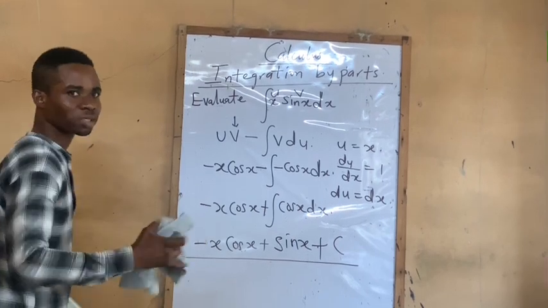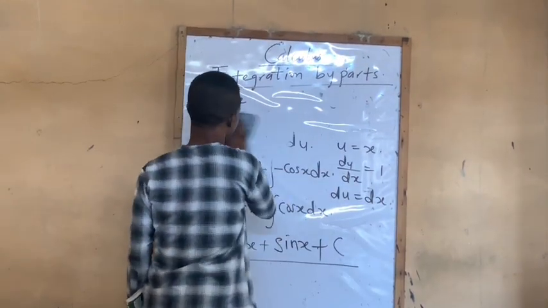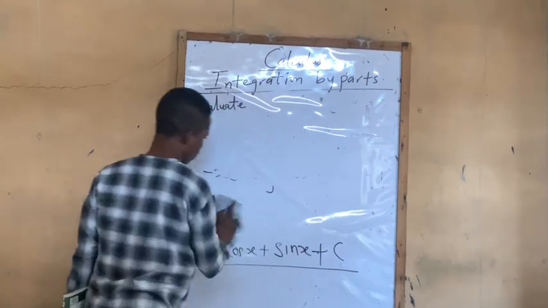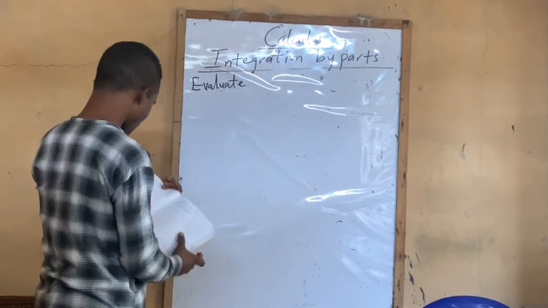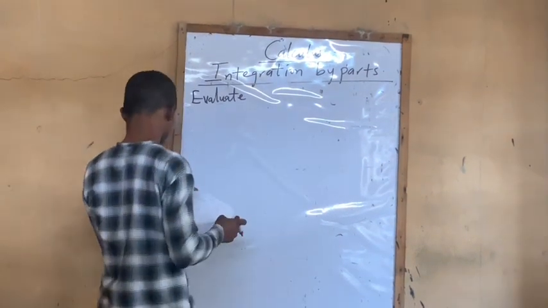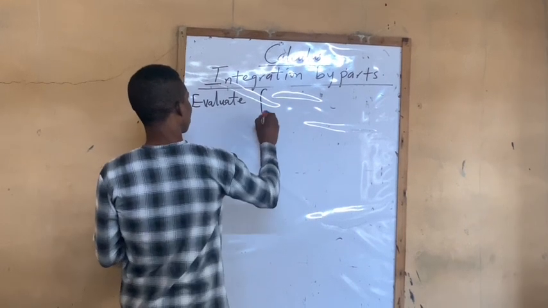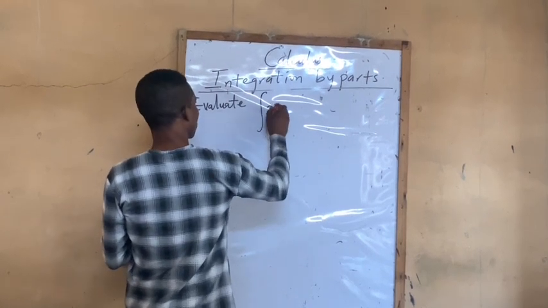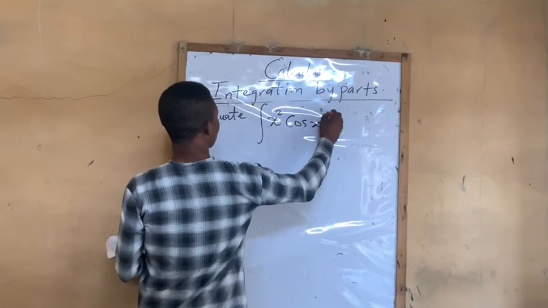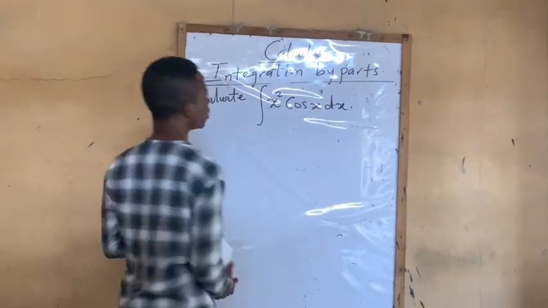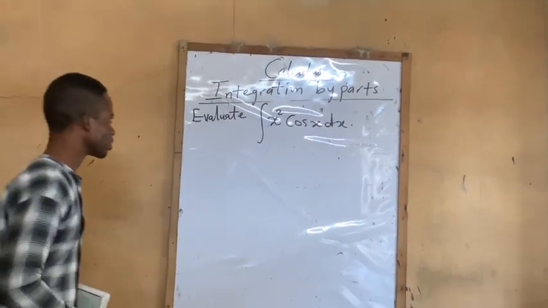Now, let's take a look at another one. We have: evaluate the integral of x squared cos x dx. This is also integration by parts. What do we do?